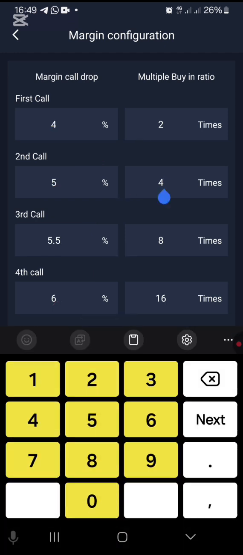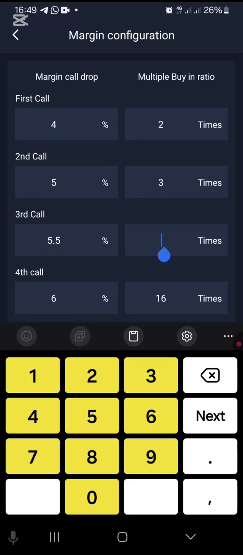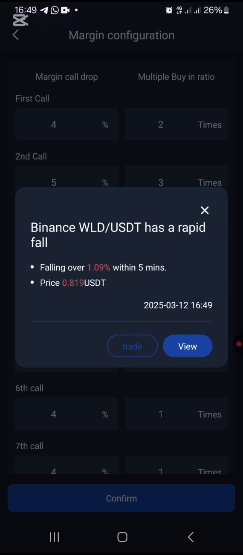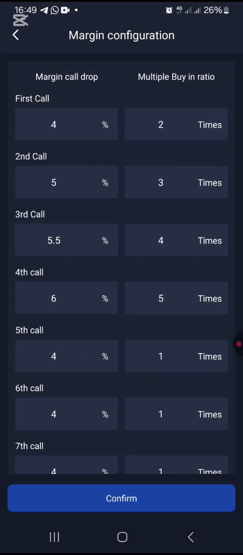Remember, we are putting here a 3. This is a 4. This is a 5 instead of 16. That is plus 1. We are adding 1. So if you have less capital, like 100, 200, you can use a plus 1 so that you can also come close to dollar cost averaging.